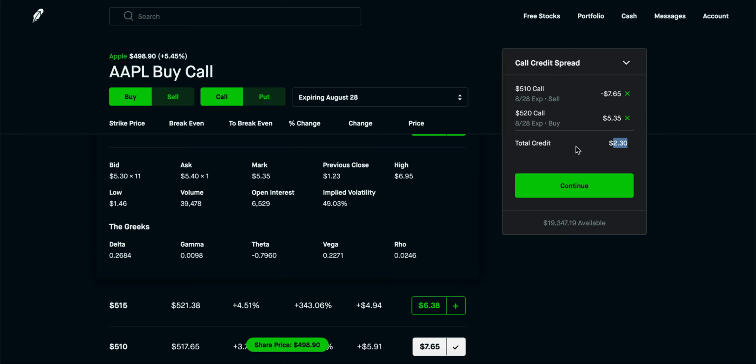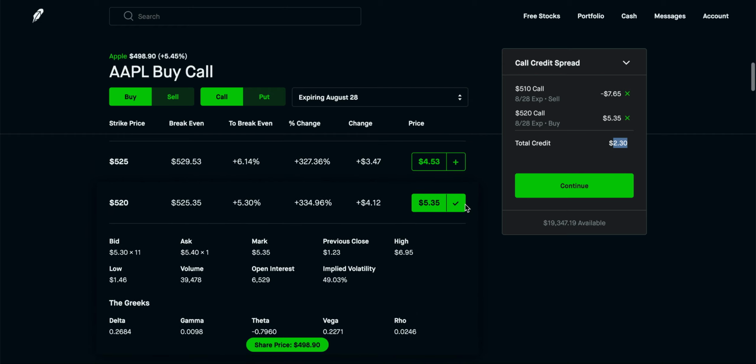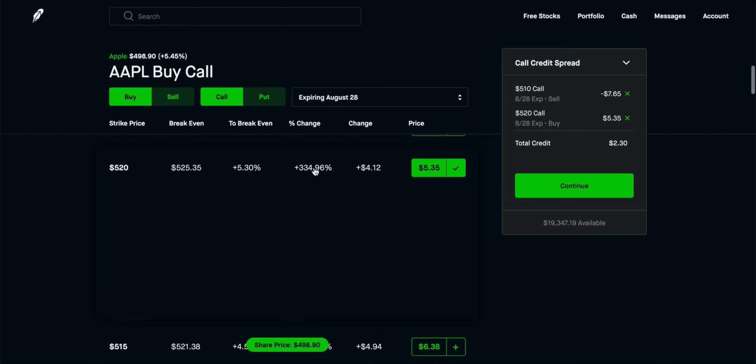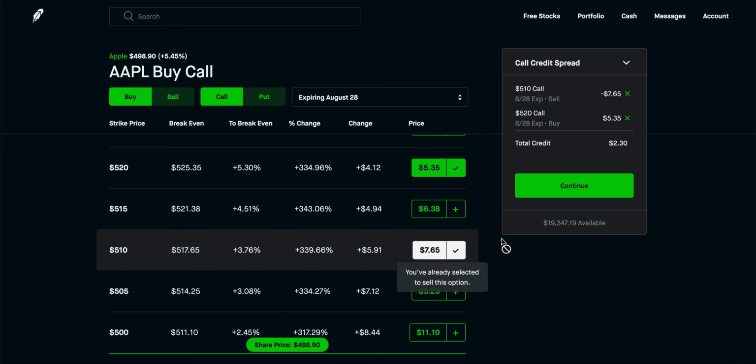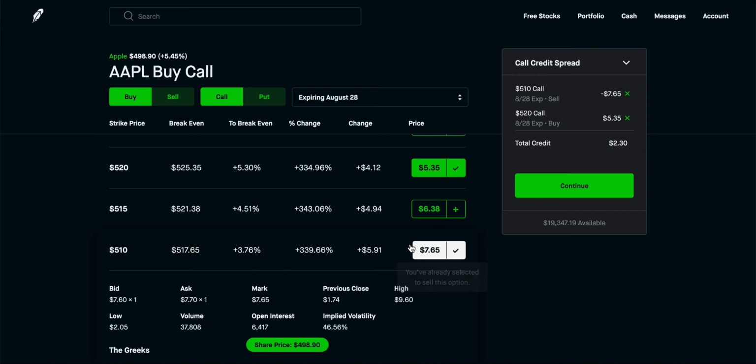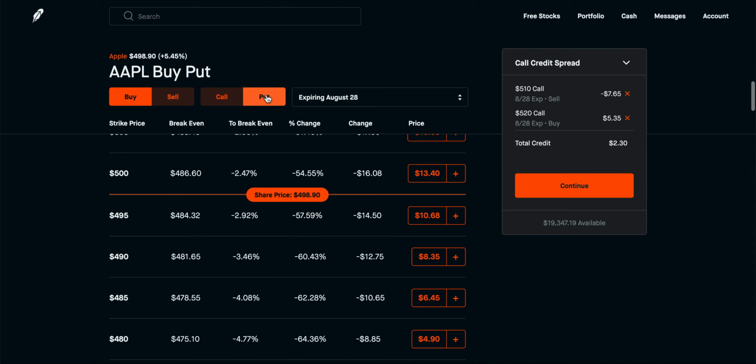So pretty straightforward, just the opposite of the debit spread. You could do the put credit spread too. When you do a put credit spread, you are bullish. I can go real quick. In the put credit spread, it's the same thing.